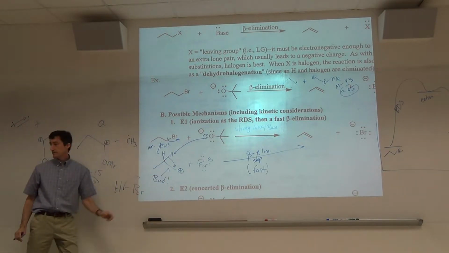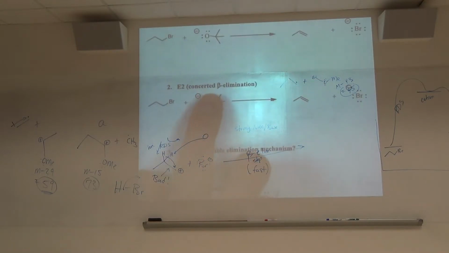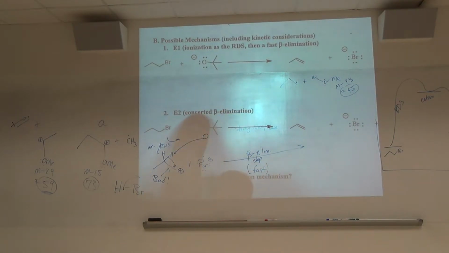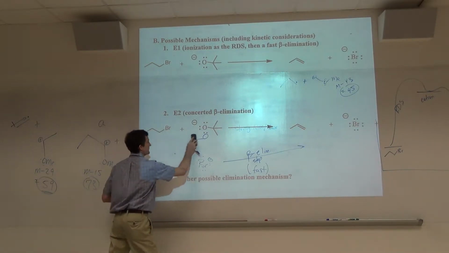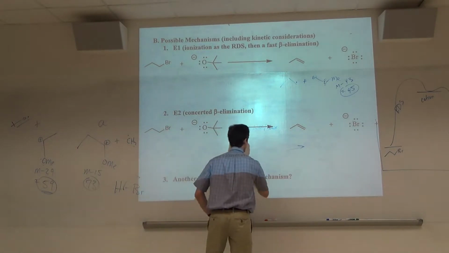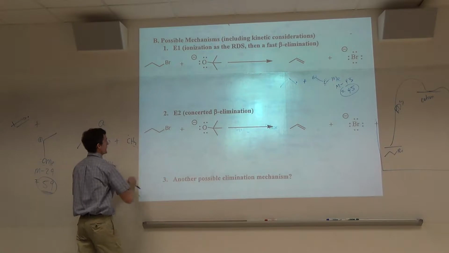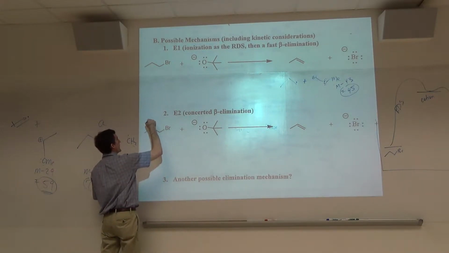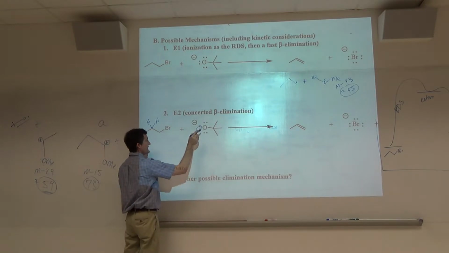Okay, let's do the correct mechanism. The correct mechanism is going to be called E2. And it's also going to be known as concerted, because everything's going to happen at the same time in your elimination mechanism. Another way to show this is all together now.